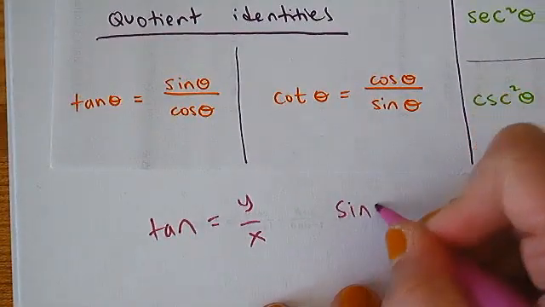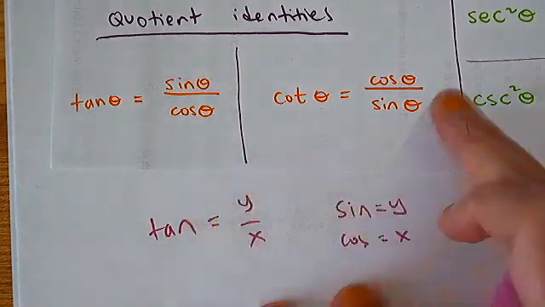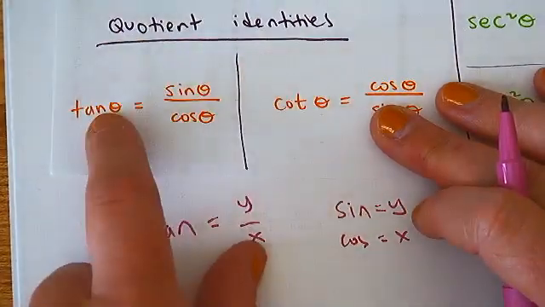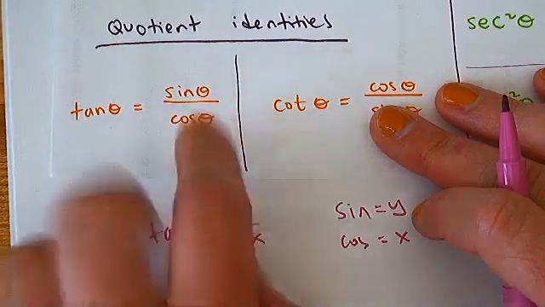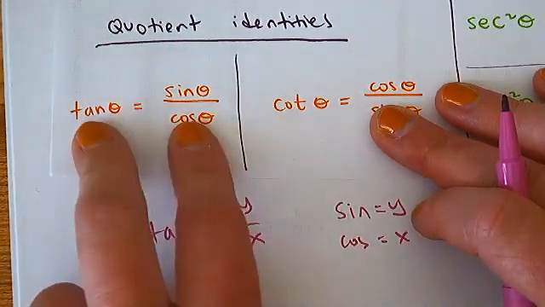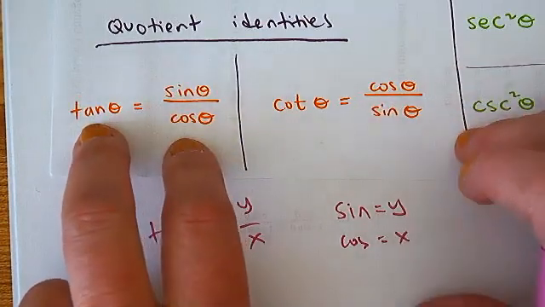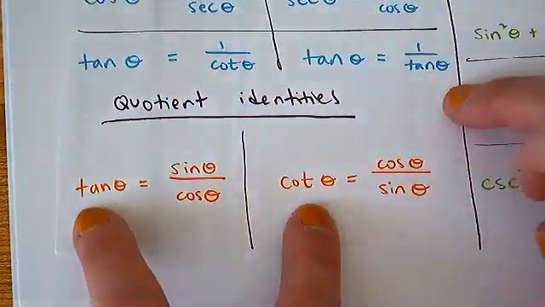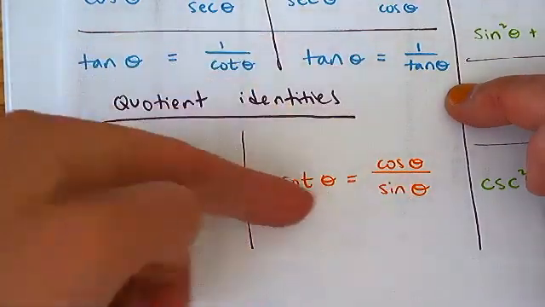So if sine is equal to y and cosine is equal to x, then by substitution, here's a trig identity. This is called a quotient identity. Tangent is equivalent to sine divided by cosine. So if I see a tan, I can substitute sine over cosine. And since tan and cotan are reciprocals of each other, the reciprocal of sine over cosine is cosine over sine, which is cotan.